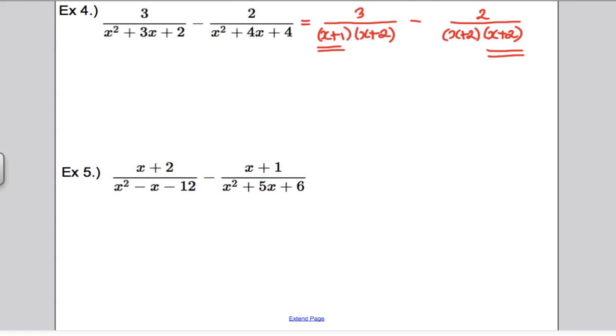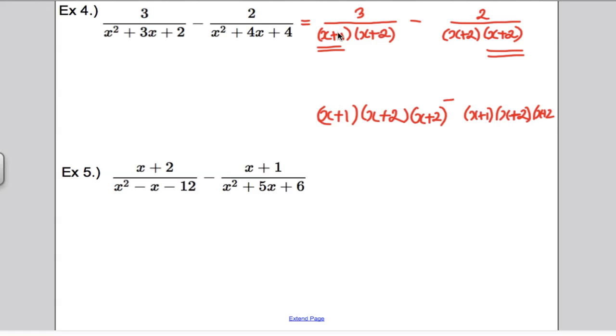It must have an x plus 1 because that had one. It must have that x plus 2 there, and it must have the extra x plus 2 from here. And we'd write x plus 1, x plus 2, x plus 2.